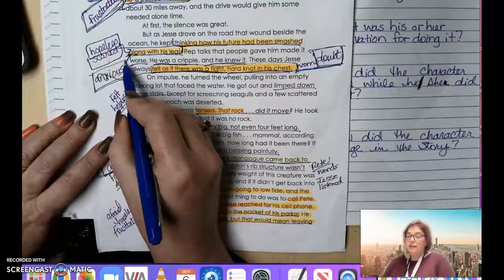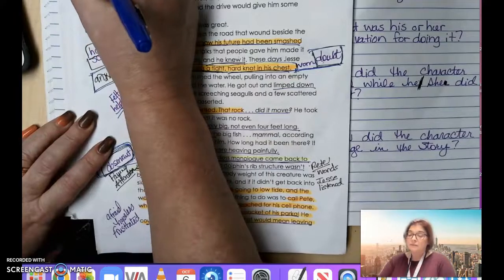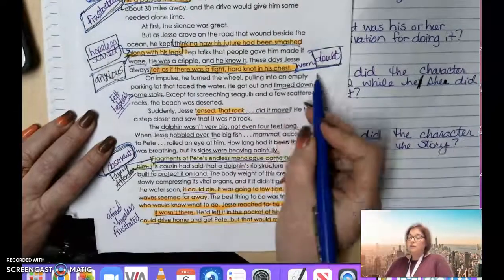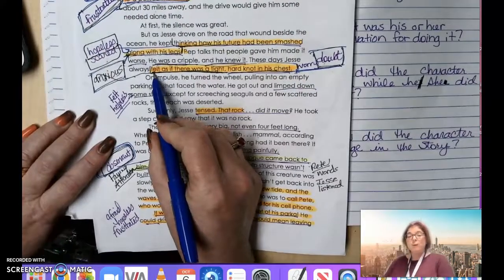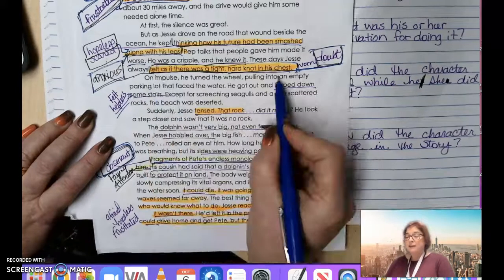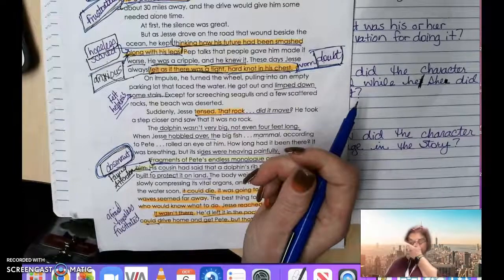Anxious, anxiety. He has anxiety. Because, have you ever felt that way? Can you imagine what that feels like? It's anxiety. He's got a tight, hard knot in his chest.